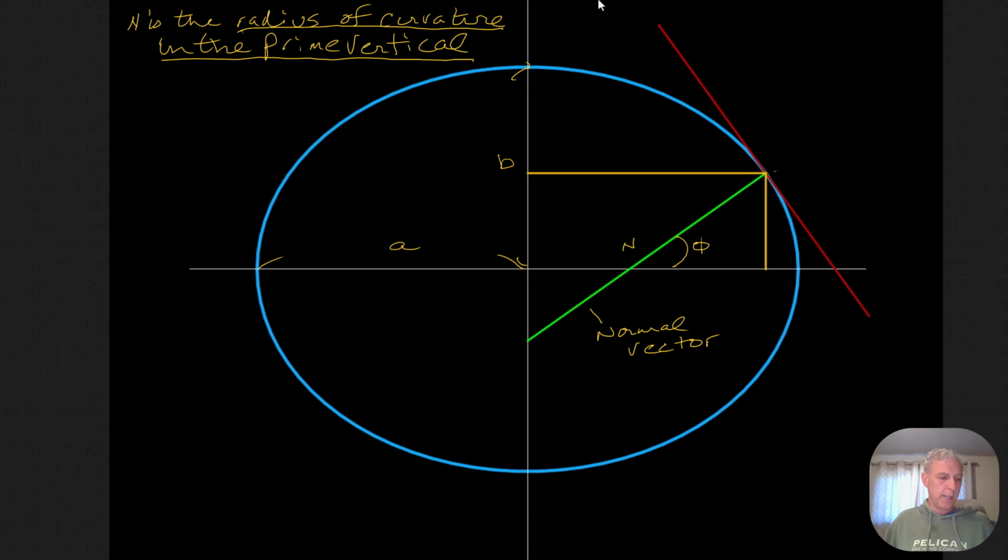If we look at this line here, we're going to call that P. And P, what do you think that is? It looks similar to what we've done before. That's the radius of the parallel of latitude.